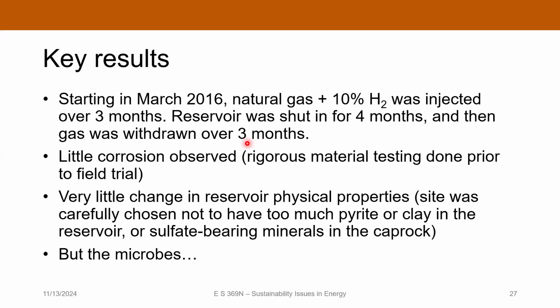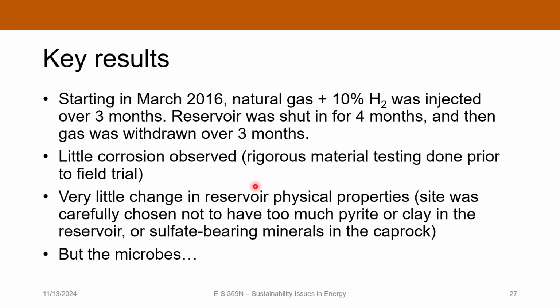So the nice thing is that they did a very good job testing all the materials that they were using downhole and at the surface to make sure that there would be no corrosion issues. So that was good. They also did a good job testing the properties of the reservoir rocks. So they didn't have much in the way of fluid rock interactions.